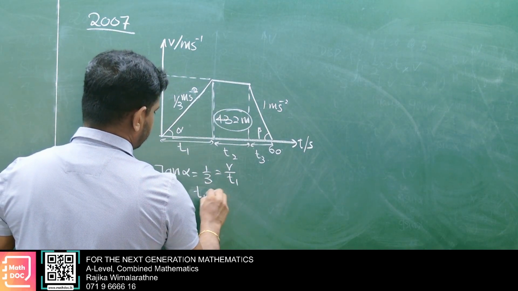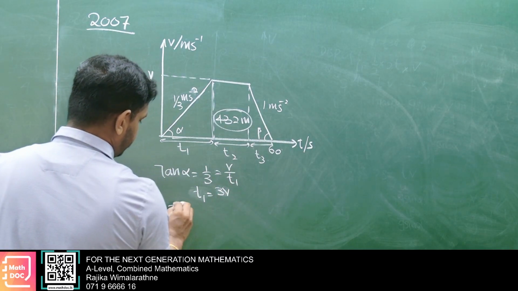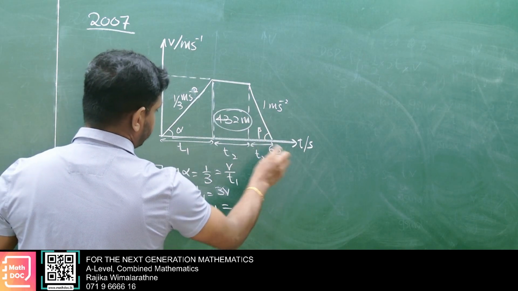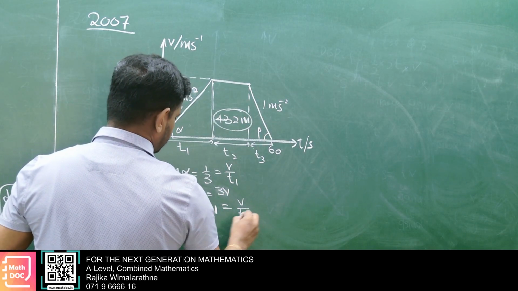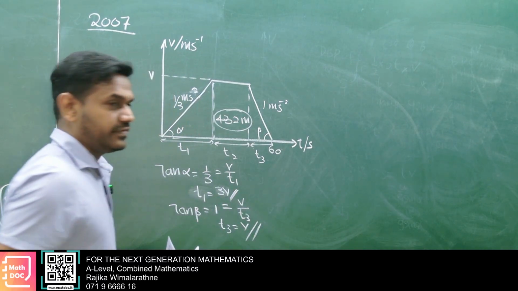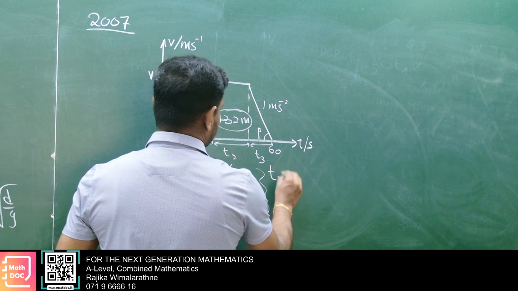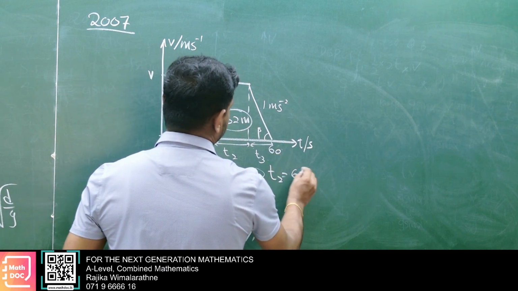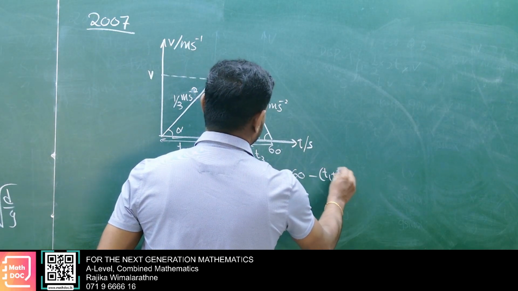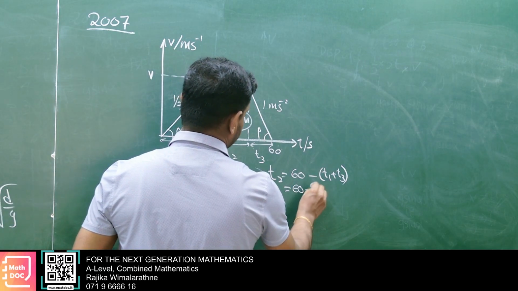Then tan alpha equals 1/3, v over t1. Then t1 equals 3v. Then tan beta equals 1 retardation, that is v over t3. Then t3 equals v. So in terms of v we can find it. Then t2 time: total 60 minus t1 plus t3, so 60 minus 4v.